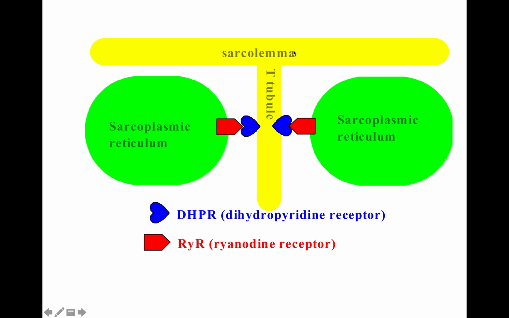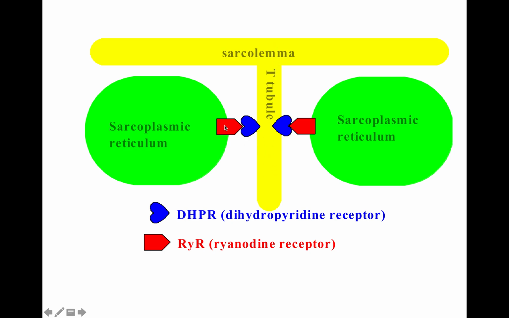So if this thing in yellow is depolarized, then this thing in blue, which is the voltage-gated channel that is part of the membrane, it's called the dihydropyridine receptor. That dihydropyridine receptor is going to change shape as a result of the voltage change in the sarcolemma.